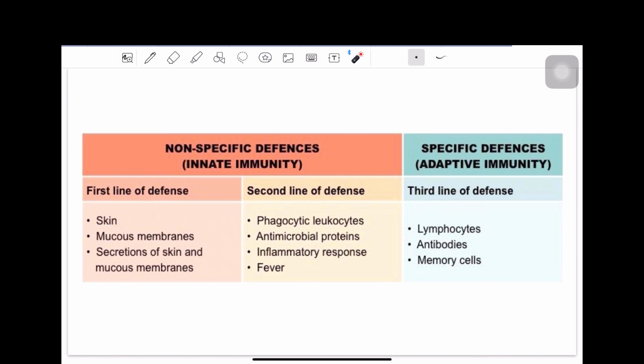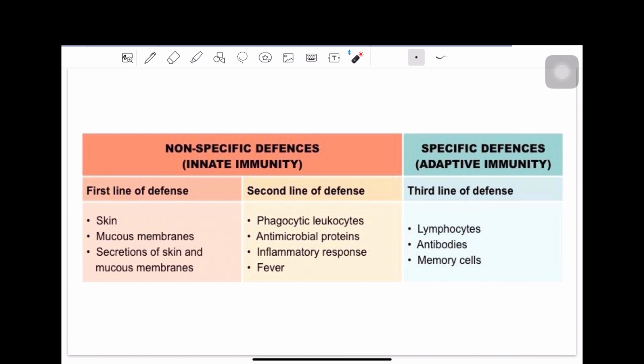of any pathogen. So these neutrophils move to the site of infection very, very fast, and they try to phagocytose the pathogen. Then coming to the antimicrobial proteins, which are also called the complement proteins, they also help to neutralize the antigen, and this inflammatory response is also generated, and we also experience fever.